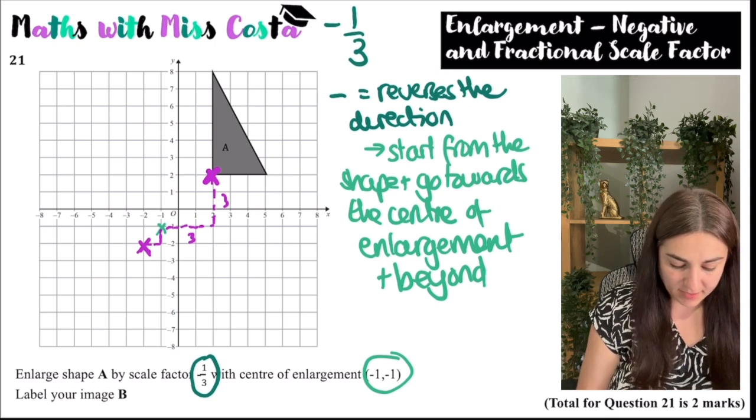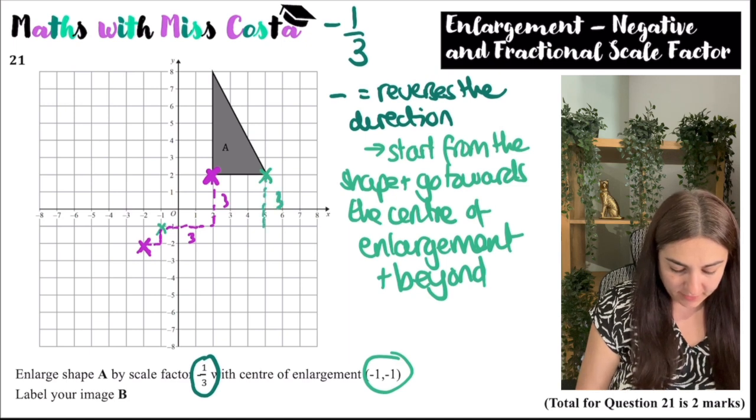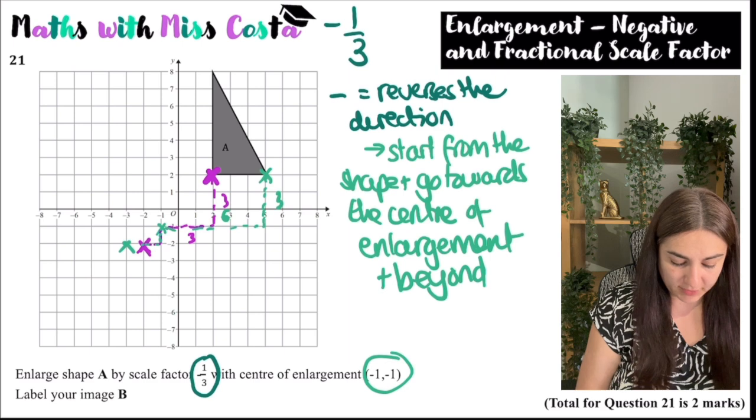That's x. Then I'll do it with another x in a different colour. So what do I do? I go 3 down and 6 across. So I'm going to have to go 1 down, and 6 divided by 3 is 2 across. So that would be where my other point is. And this point here, from 8 to -1, is 9. So I go 9 down and 3 across.